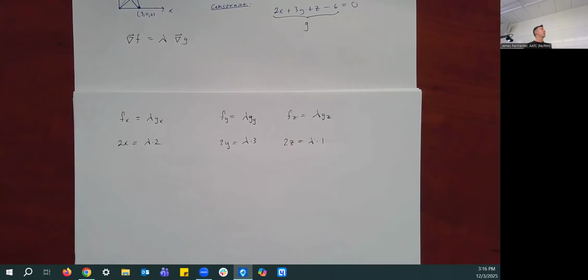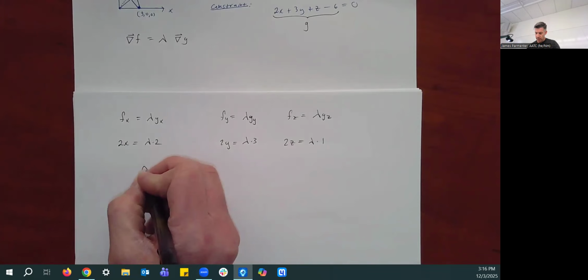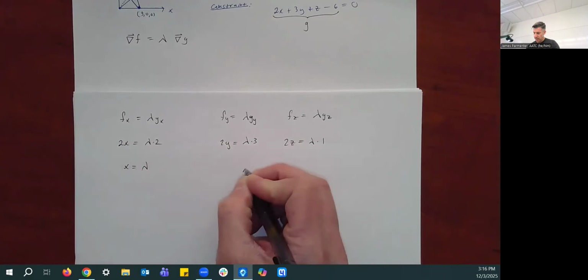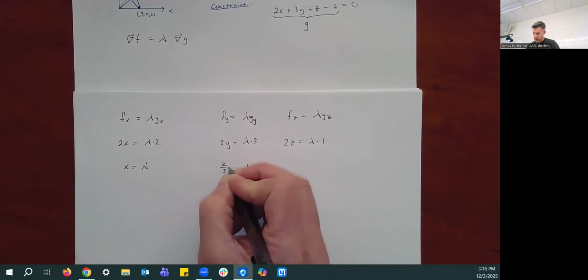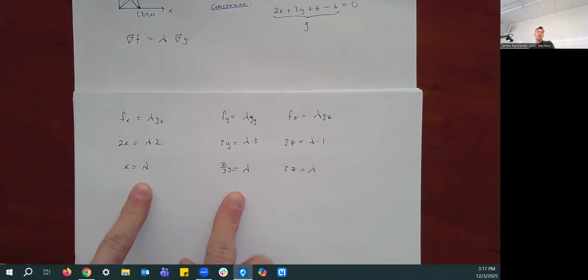My go-to way of dealing with this is to take each of these equations and isolate lambda. So lambda is equal to x, lambda is equal to 2/3 y, lambda is equal to 2z. And then pick any pair of these and set them equal to each other.